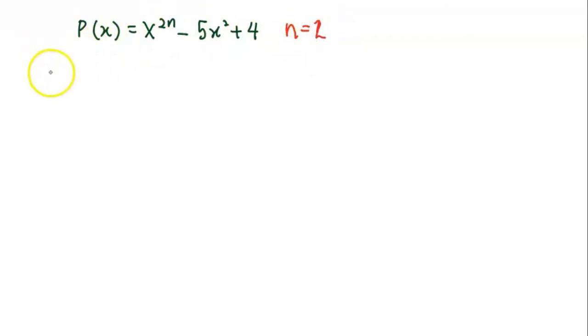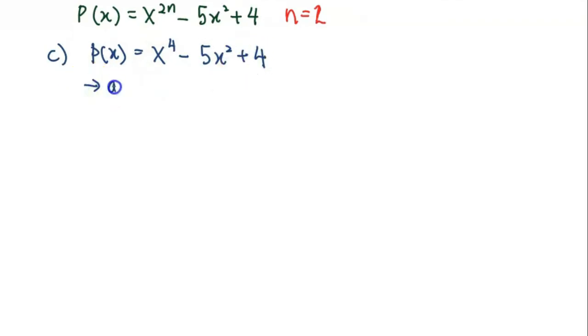Now we are going to answer question C, factorize this polynomial completely. We will substitute n as 2, it will become x to the power of 4. You can refer back to question A. It mentioned that x minus 1 is a factor of this polynomial.